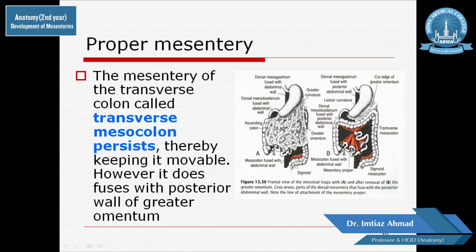And it is because of this that the mid colon remains in movement, that is, mobile, while the ascending and the descending colons are no more mobile. They are fixed to the posterior abdominal wall because the attaching mesentery is absorbed.